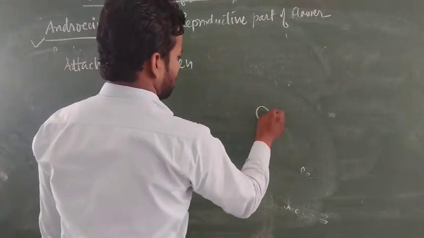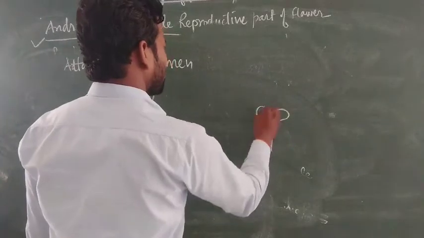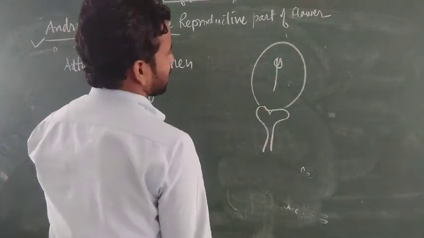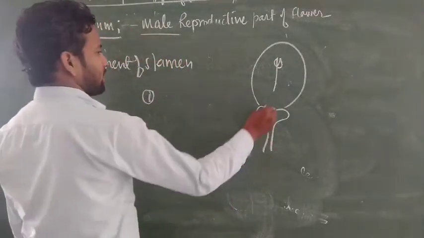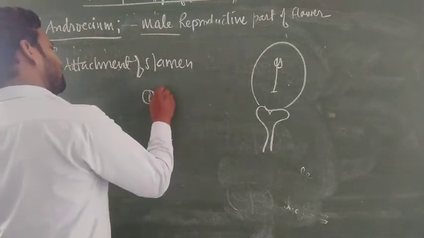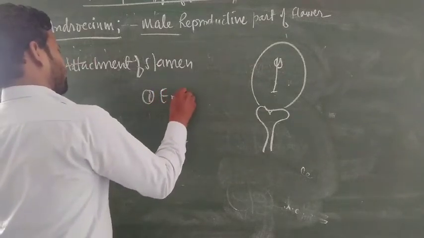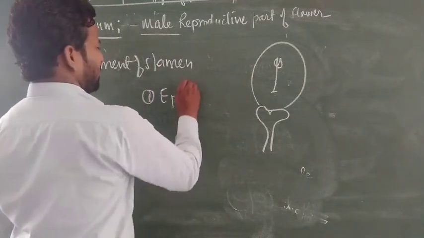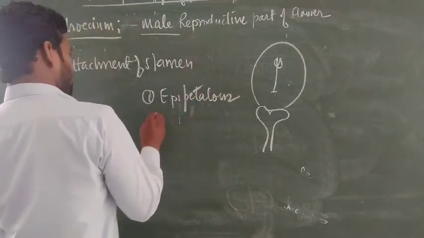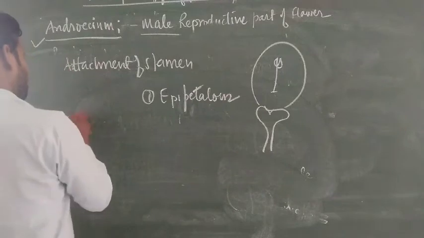Suppose this is a flower, with base and petal, and from the petal the stamens are attached. This is a stamen attached through the petal. It is called the epipetalous condition.